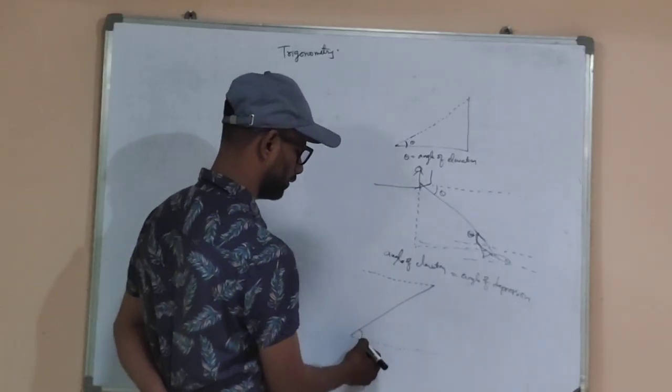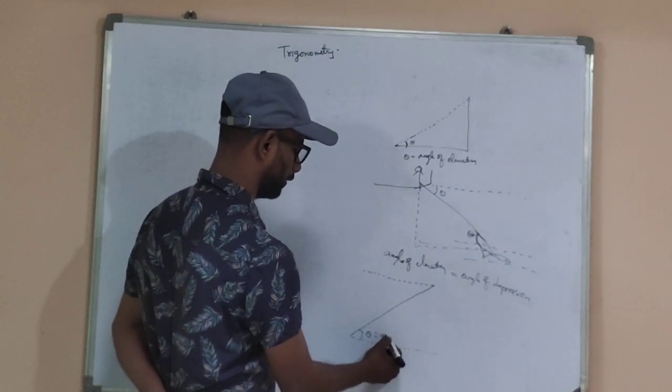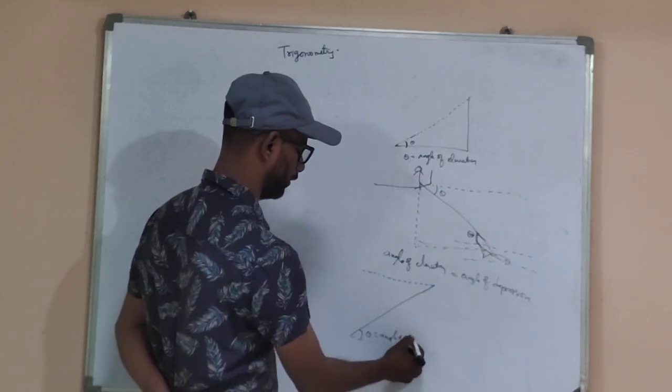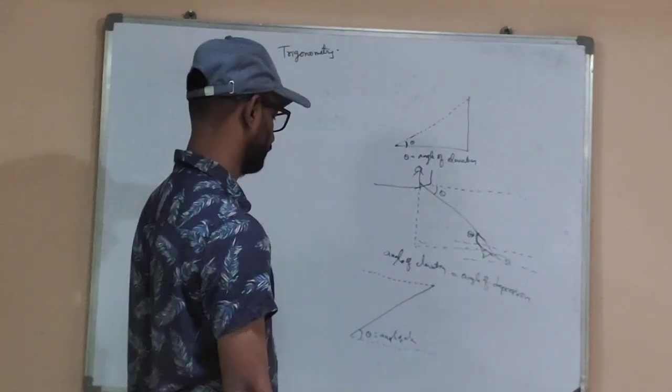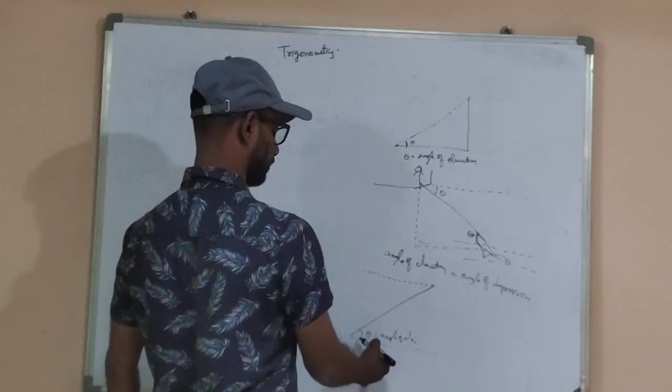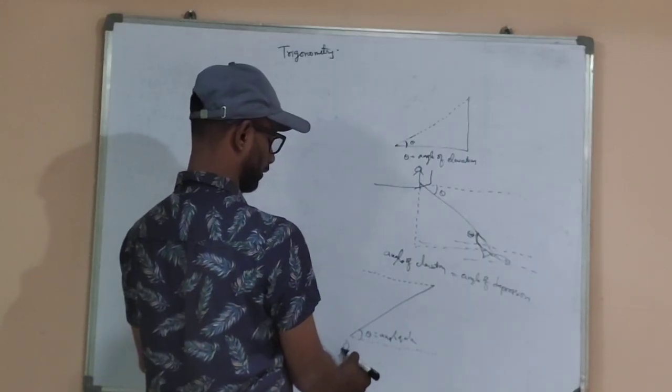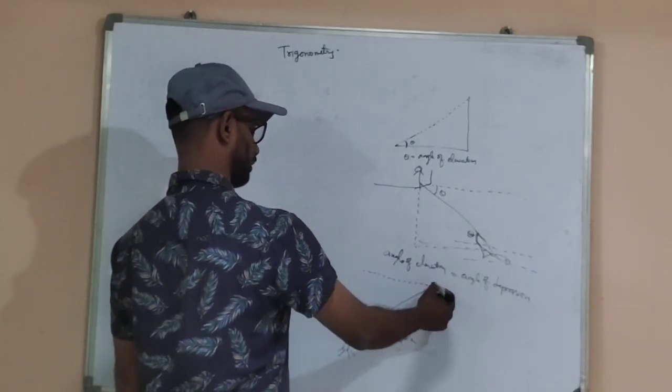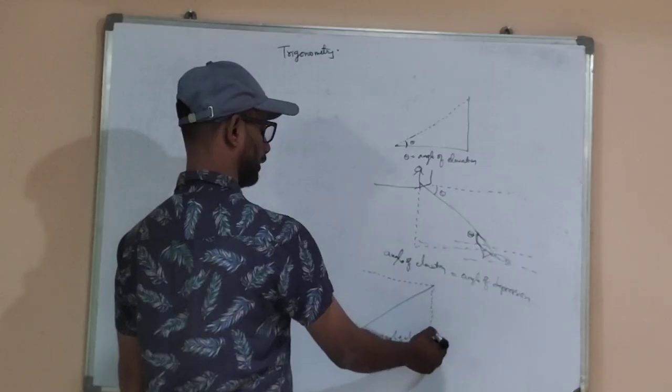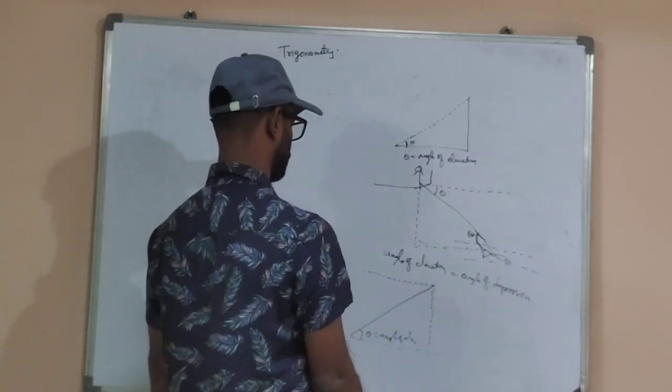So this is elevation theta, angle of elevation. When the person standing here watches the top of the building, it is called the angle of elevation.